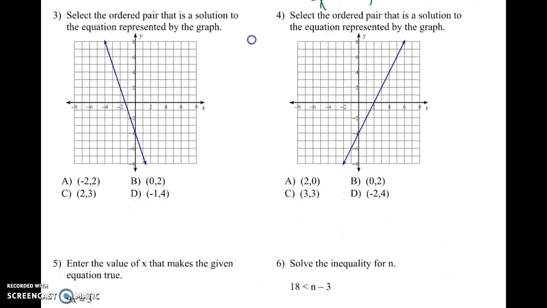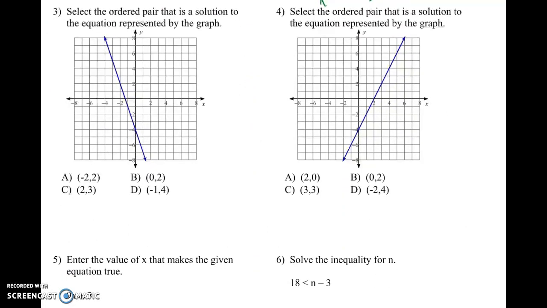Alright, let's go down to question 3 and 4. 3 says, select the ordered pair that is a solution to the equation represented by the graph. So if I look at this graph, and I look at these points, we need to find which one is a solution, so which one lies on the line. So let's start with A. I have -2, 2.